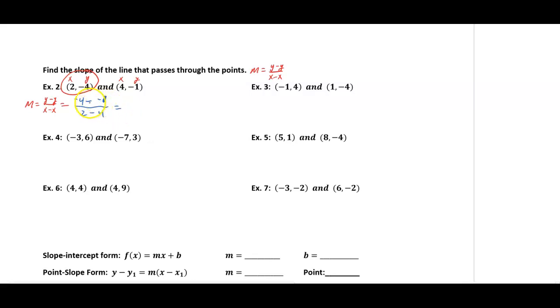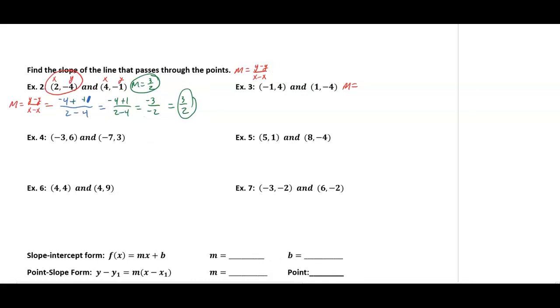If I'm subtracting a negative, I bling bling it and make that negative 4 plus 1 over 2 minus 4. Negative 4 plus 1 is negative 3. 2 minus 4 is negative 2. Negative 3 divided by negative 2 is positive 3 over 2. So the slope of this line would be 3 over 2.